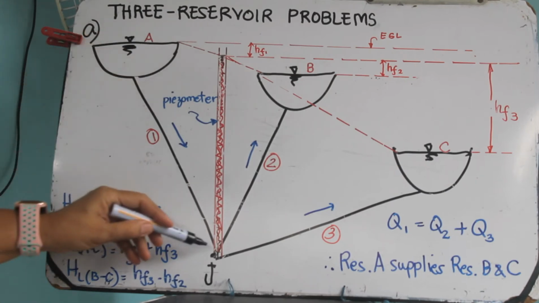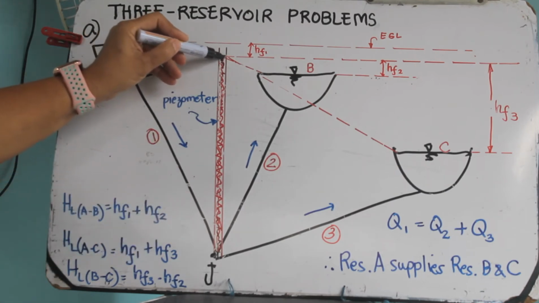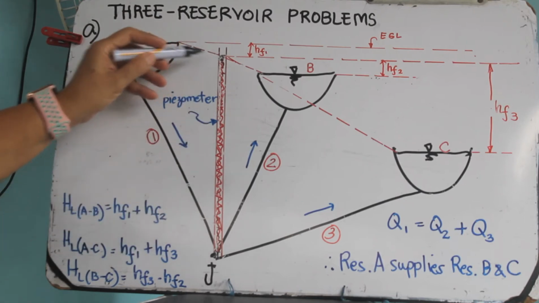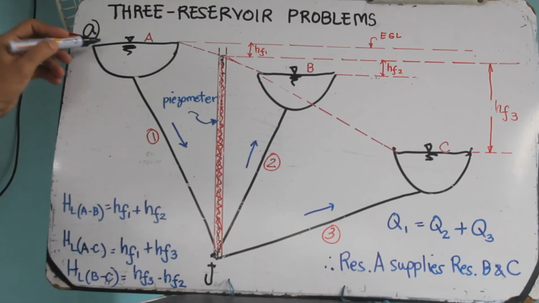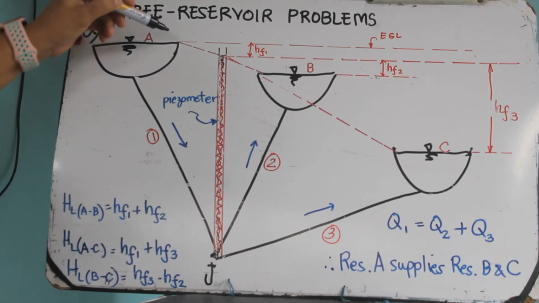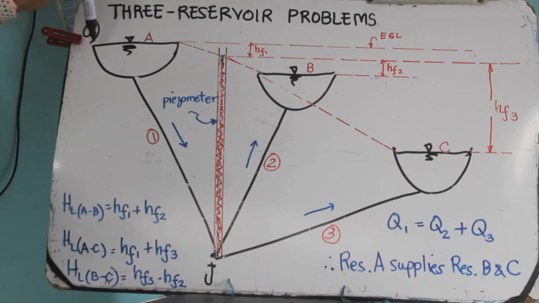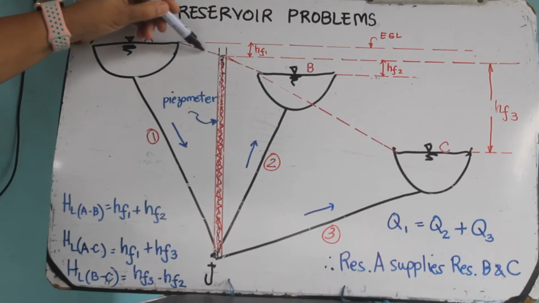Now, if this height represents the total energy at the junction, and the total energy at A is its elevation from the junction, connecting the water surface at A and the water surface in the piezometer, we form a sloping line.